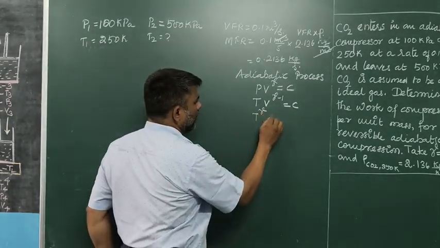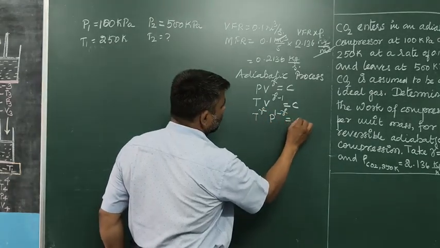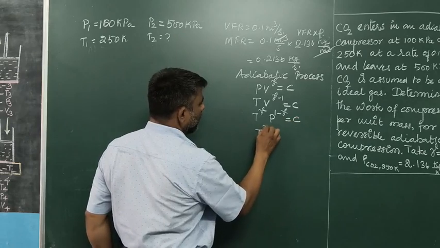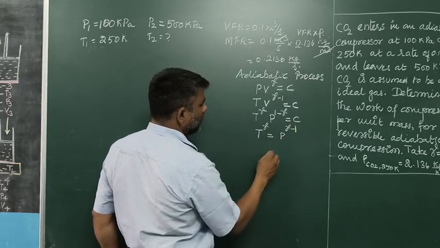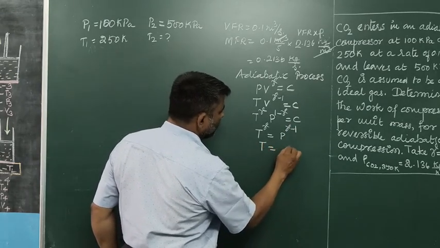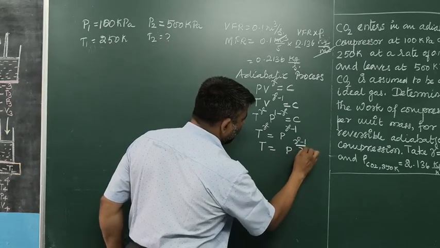T power gamma into P power 1 minus gamma is equal to constant. Therefore, T is proportional to P power gamma minus 1 divided by gamma.